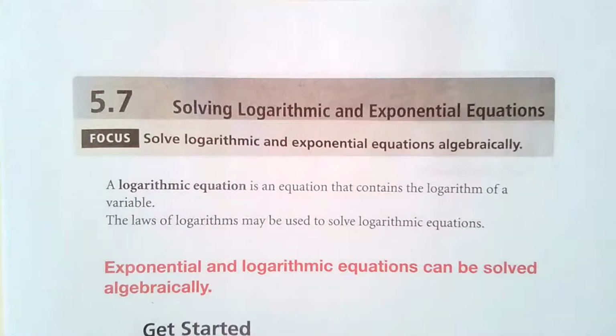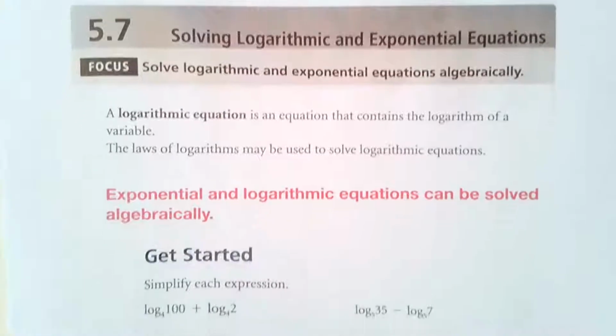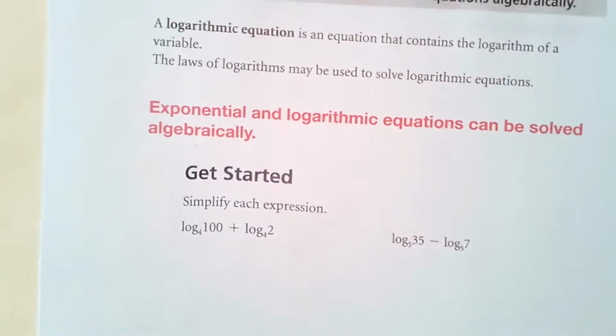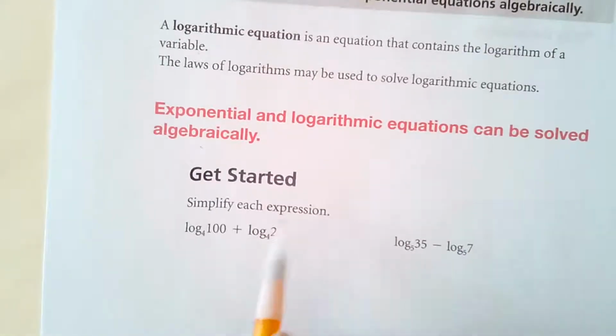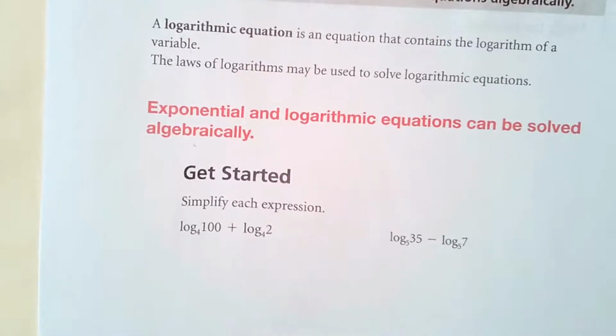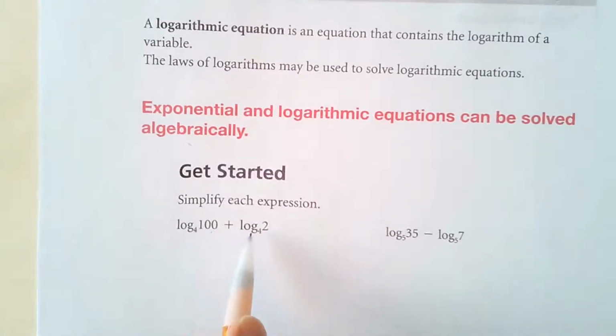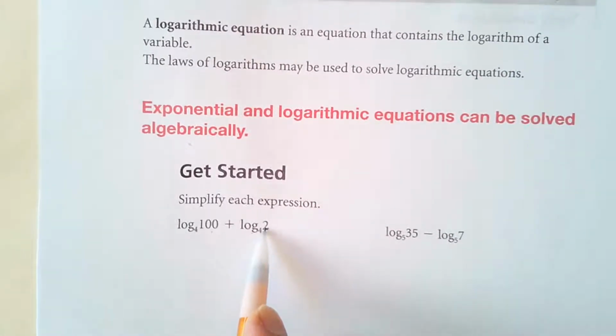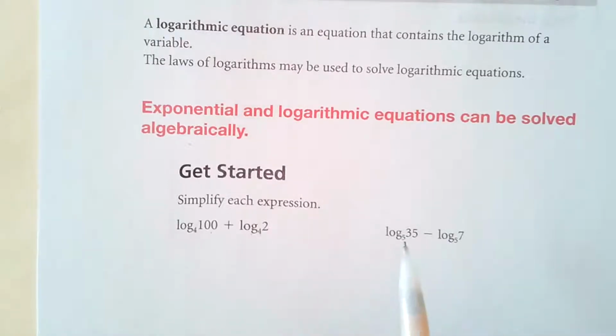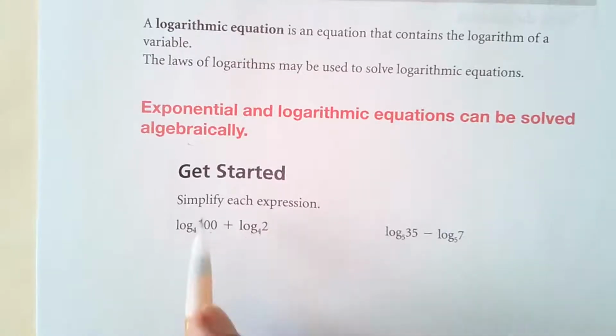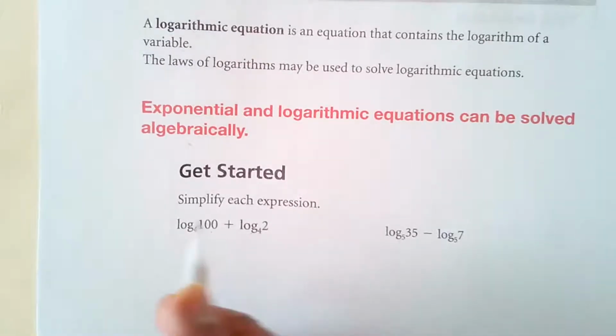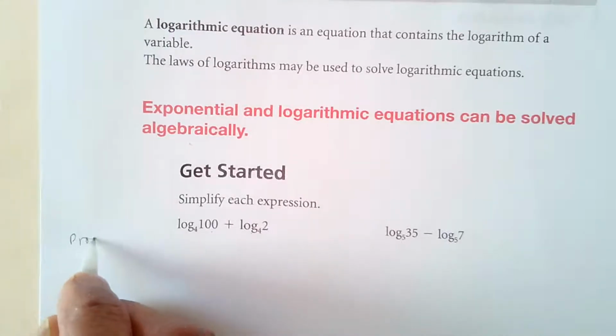So let's get started by looking at a couple of review questions. Here we are to simplify log base 4 of 100 plus log base 4 of 2. We need to put them together into one log rather than adding them. The first step, we're going to use the product law.